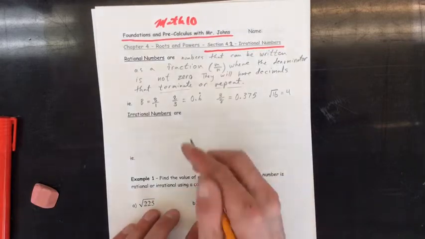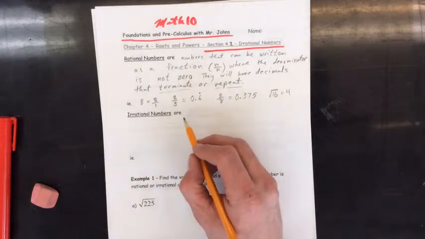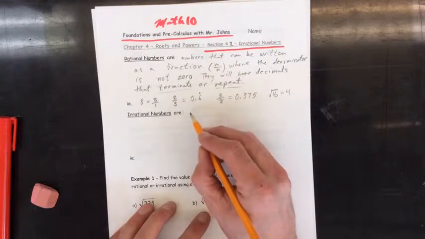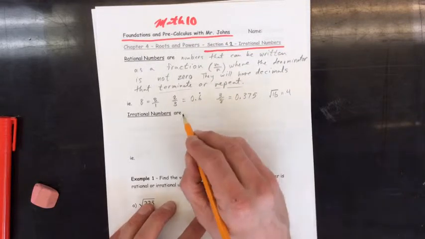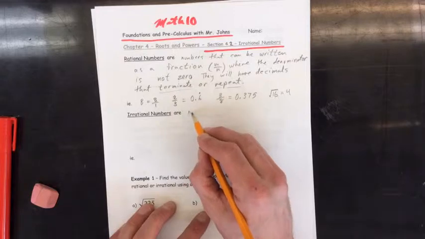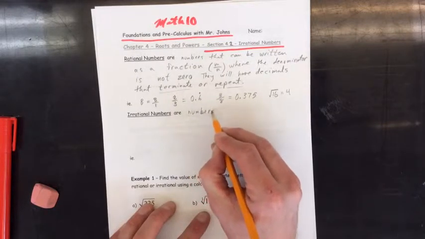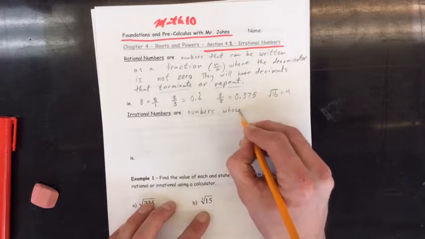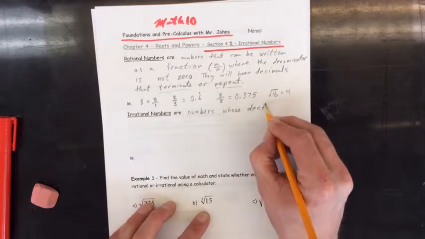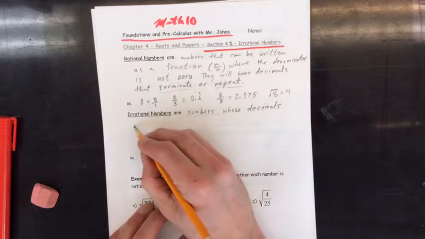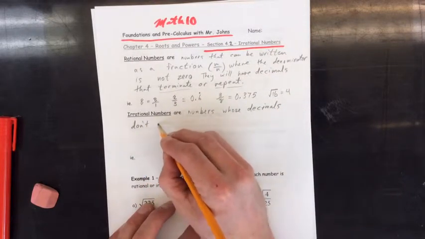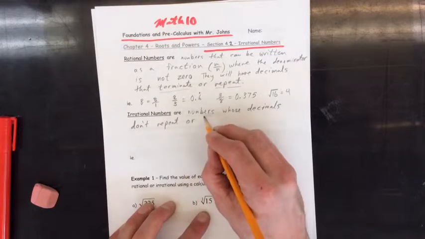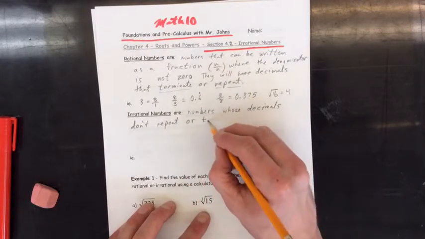Now, if we look at irrational numbers, they're basically the opposite of rational numbers. Irrational numbers are numbers whose decimals don't repeat or terminate.